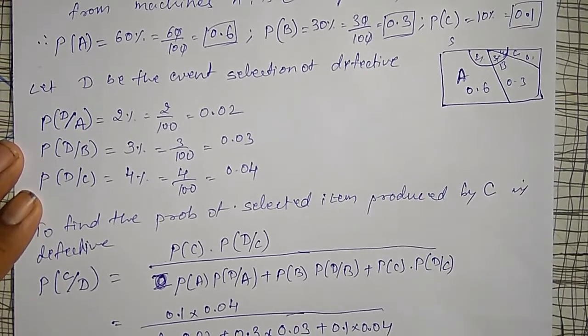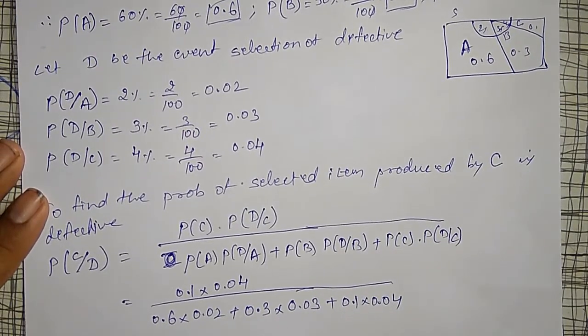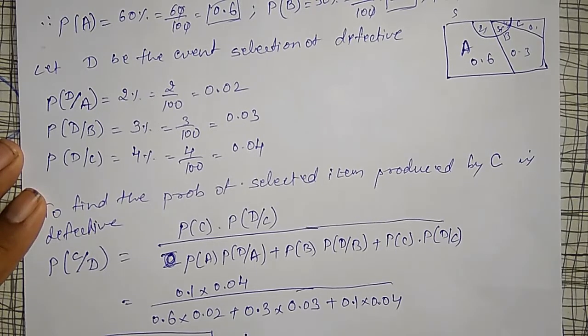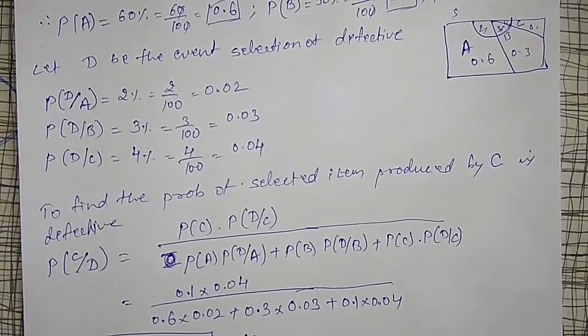Use the calculator and simplify this. It comes out to be 0.16. Therefore, the probability that the selected defective item is from machine C is 16%.